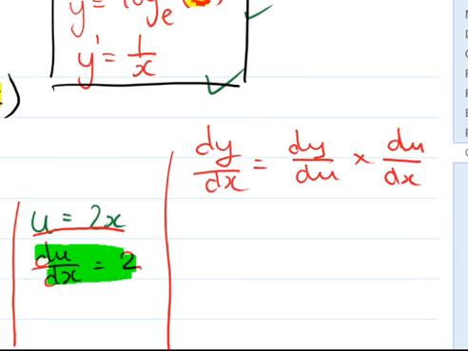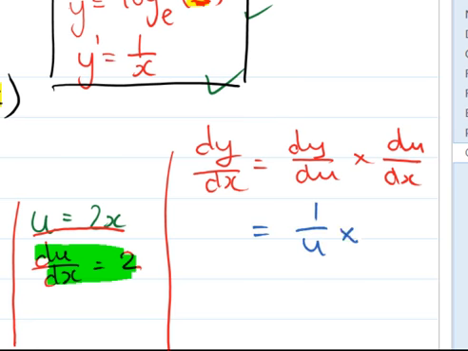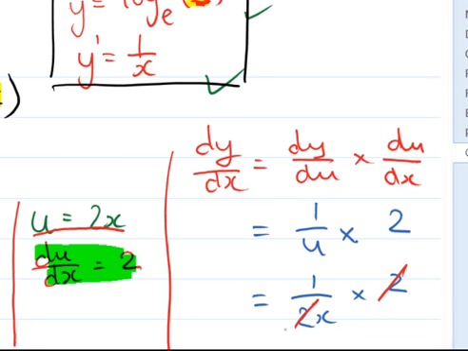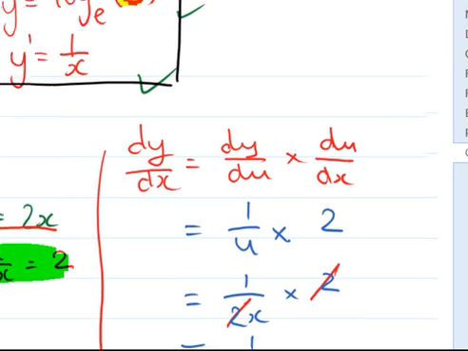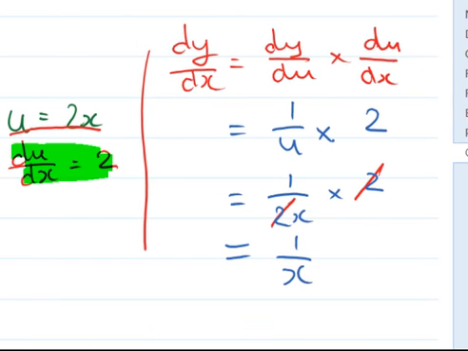Multiplying these two together, I get 1 on u times du/dx, which is 2, but u was actually 2x. So that's times 2, and conveniently these two cancel out, and I've now got 1 on x. So it's actually equal to 1 on x.